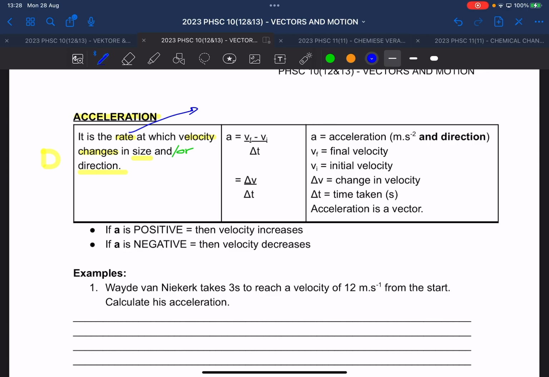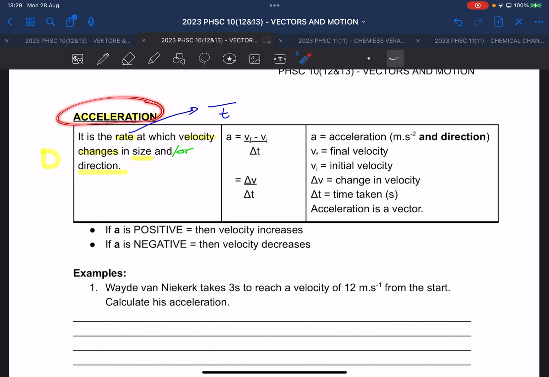You're thinking about time, specifically. Slow, it takes a long time. Fast. So whenever you hear the word rate, from now on until you die, you must think about divide by time.